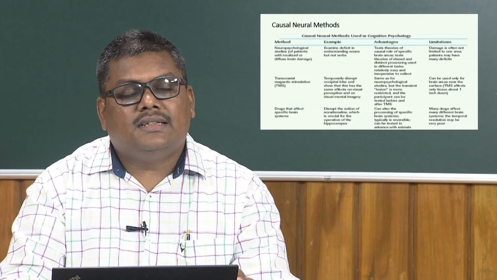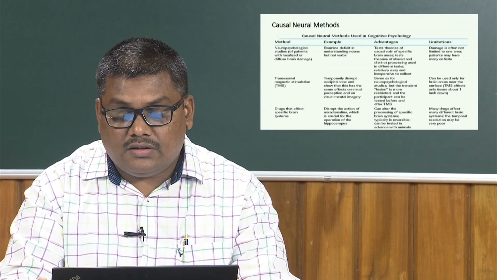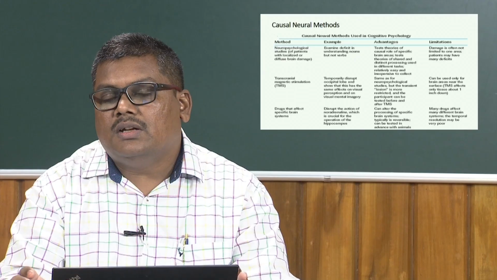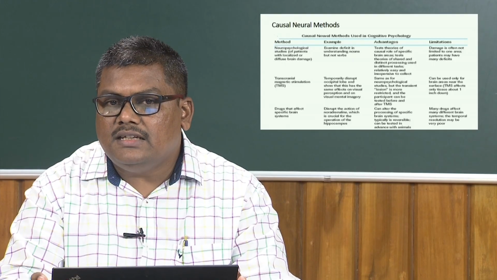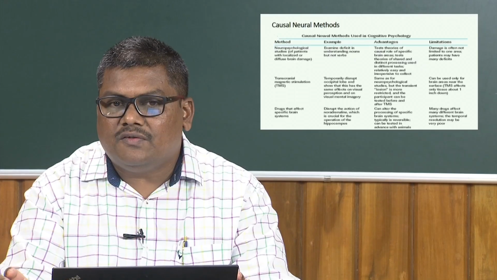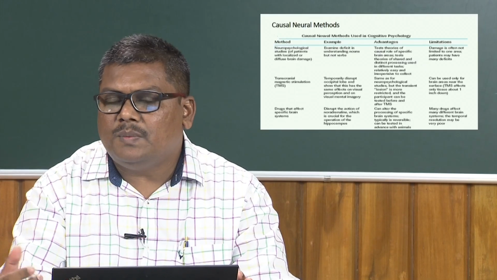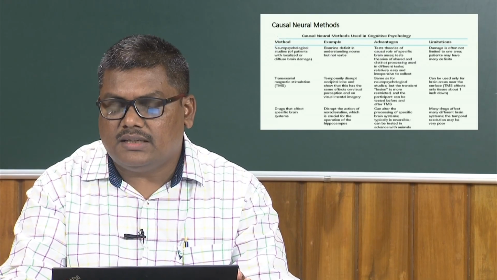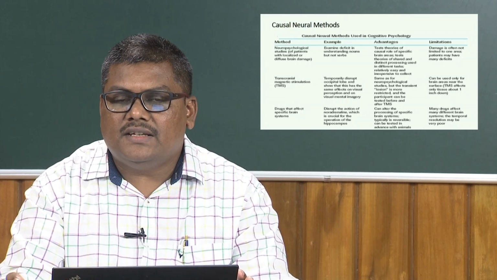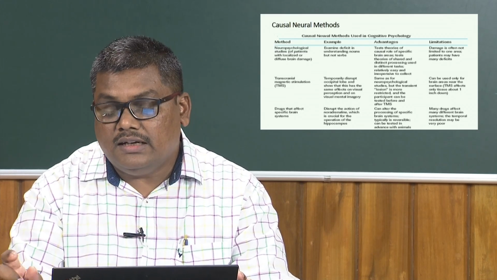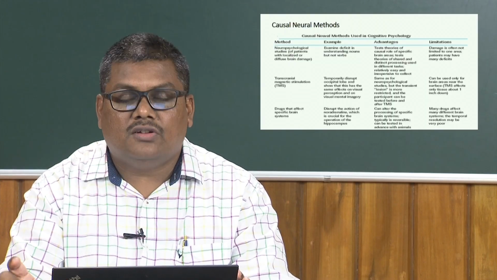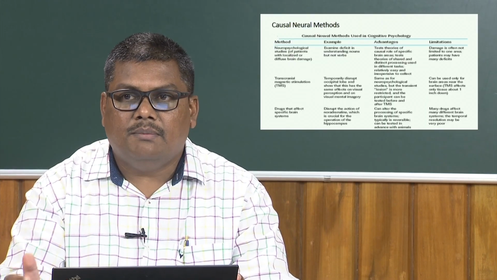So, it has the same advantage as the neurophysiological studies, but here the lesions are restricted, and the disruption is for a very brief period of time, so subjects can come out of it. Also, TMS can be done for surface areas, it cannot be done for deep areas of the brain, and so that is one disadvantage or limitation of this particular method.